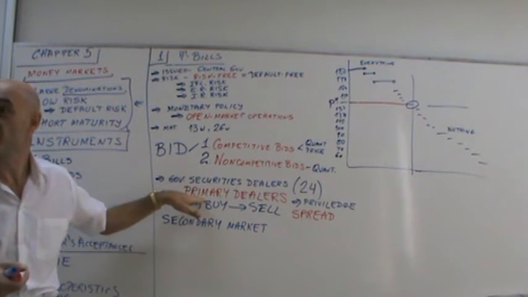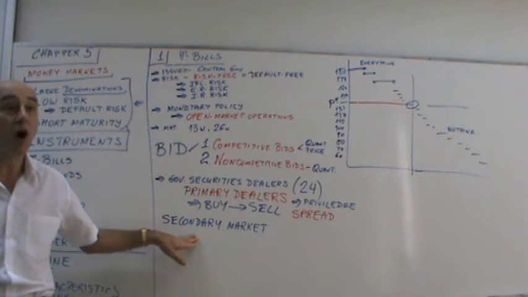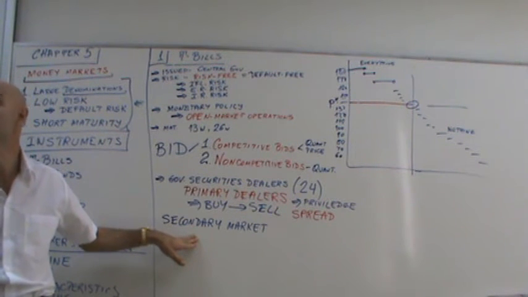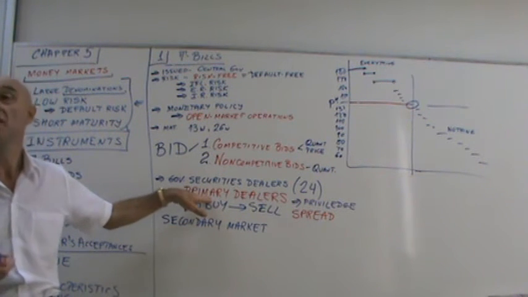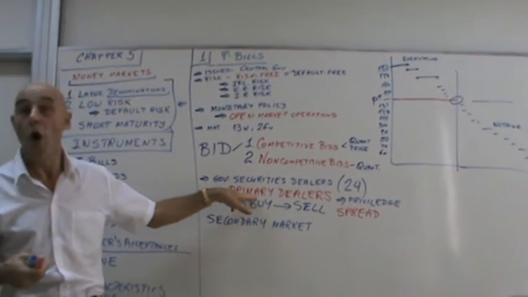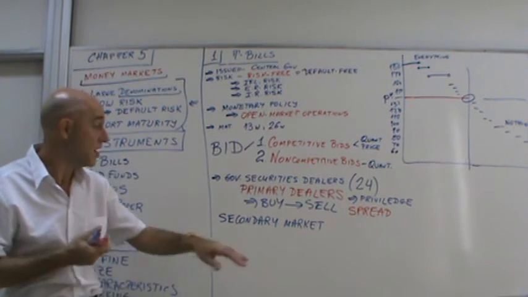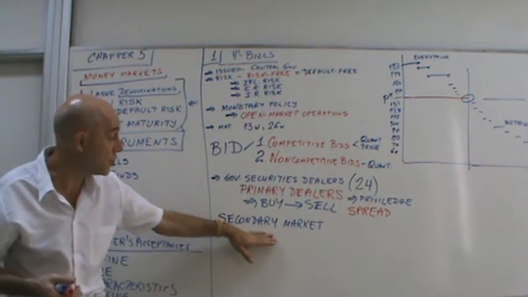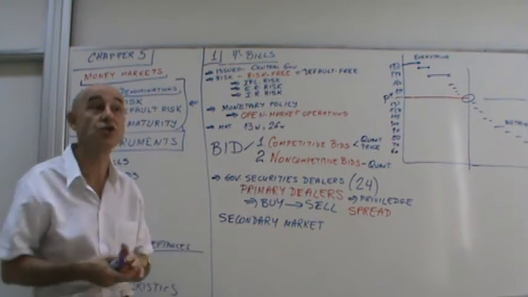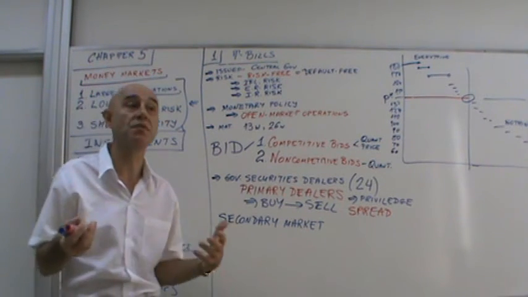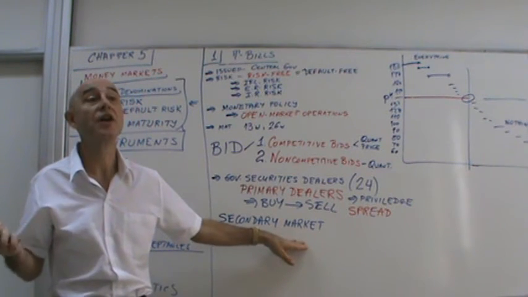Then the primary dealers also participate by making a secondary market. Anybody who has a government T-bill, maybe a mutual fund or insurance company, can sell it back to the primary dealers, or to any other government security dealers. So the secondary market will include all the primary dealers and any other financial institutions. Could be investment banks, brokerages, or commercial banks that will do this business for you.